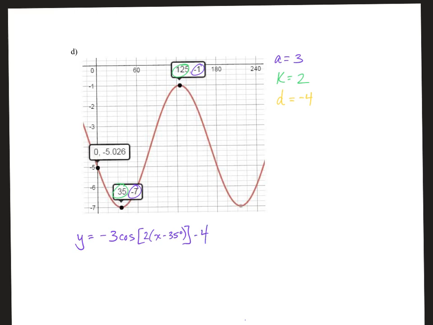That would be my first equation. However, I can see a bunch of people saying, why bother reflecting it? I'll just use a positive cos graph, but it does mean that I have to phase shift it all the way over to 125. Ugh. Sorry, I can't help myself. Those two would be the most common cos graphs that I would expect to see.